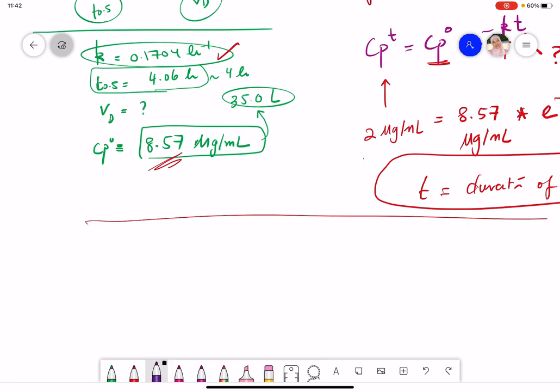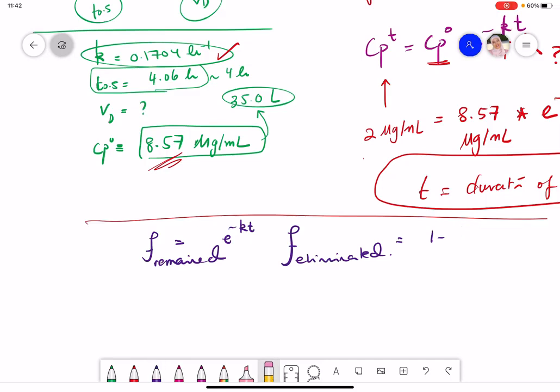So we have something called fraction remained, and something called fraction eliminated. It depends on whatever is in the question. You need to make sure to use the right equation. This equals 1 minus e to the minus k times time, and this is equal to the fraction, sorry, we have a mistake here.